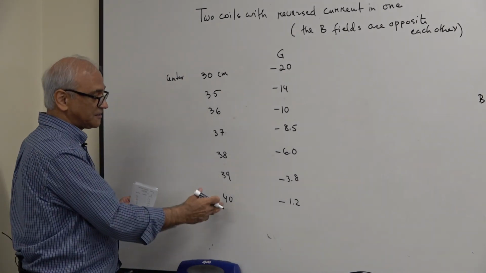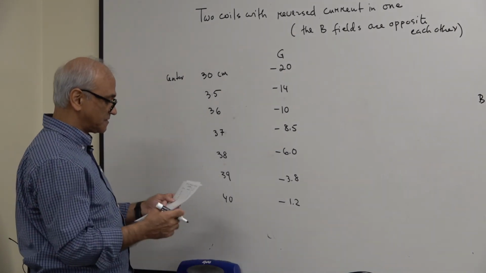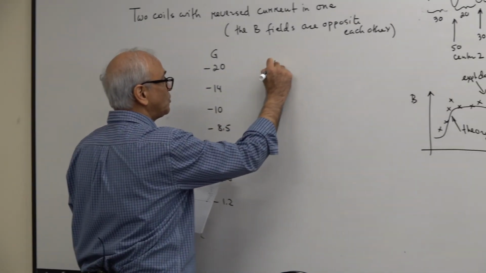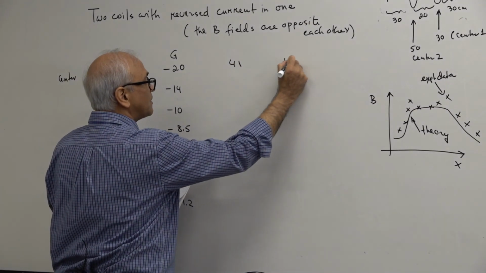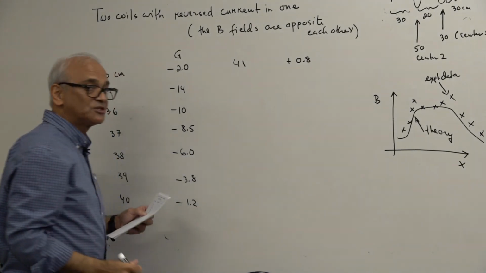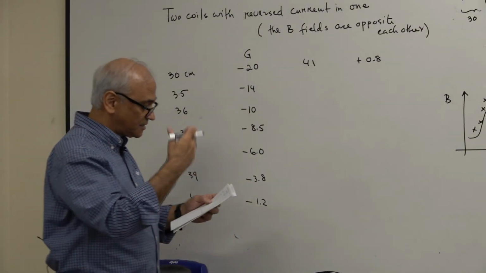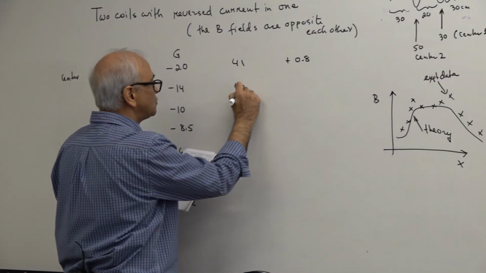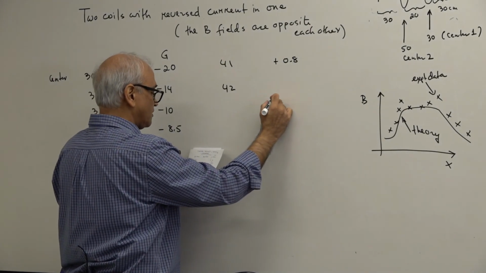I'm right at the center, and this is where it switches. And look at this, for 41, I'm getting plus 0.8. That's it going through 0 right there. And it changed direction. So 42, now the other side becomes stronger.